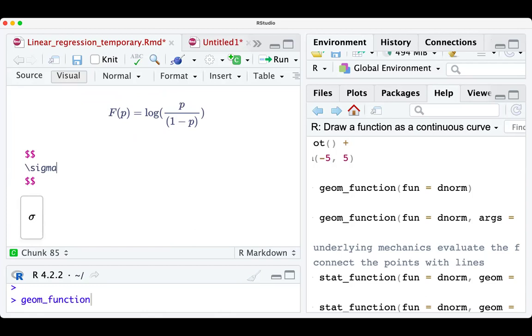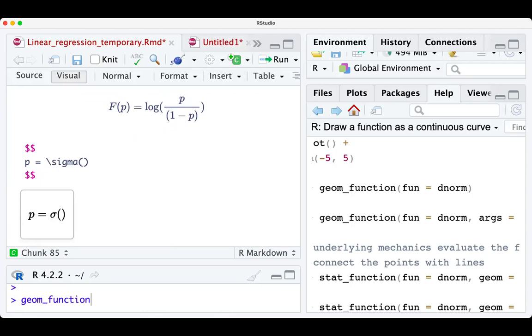It is such that p is equal to sigma of f of p.